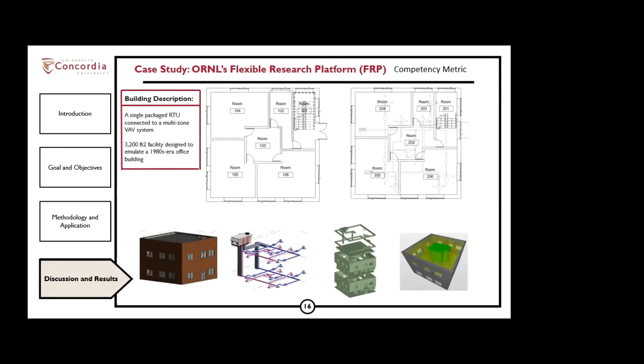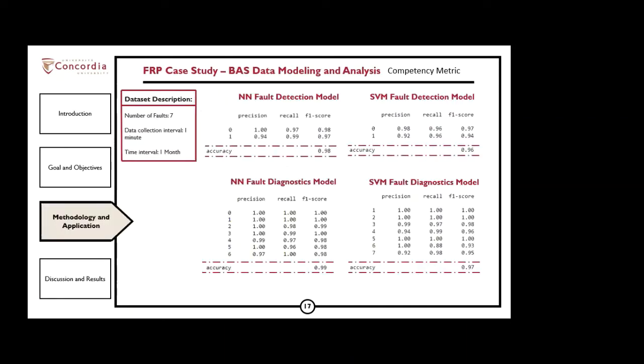Now we will be looking at what information can be brought in from the BMS. I've used the BMS data set that includes 7 types of faults. The data collection frequency was every 1 minute, and it was done over a period of months. In total, 4 models were created for doing the analytics on the BMS, and 2 machine learning FDD models were created.